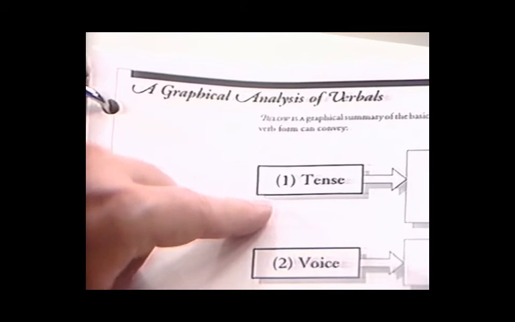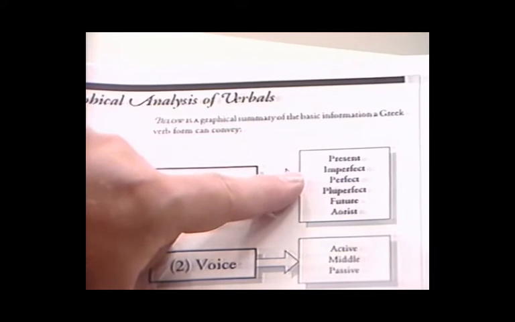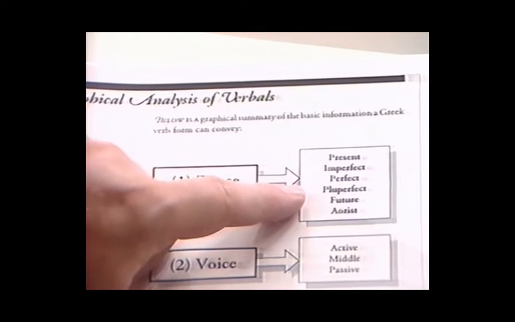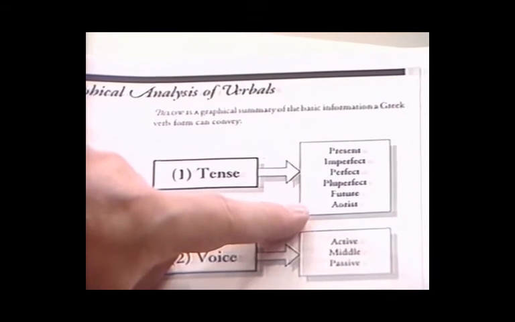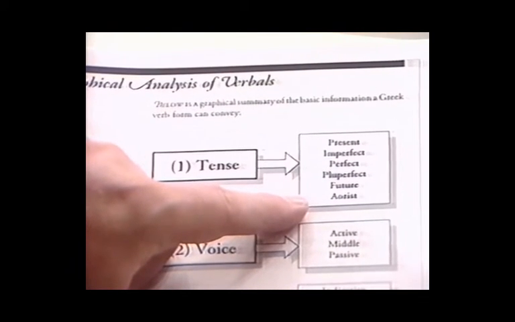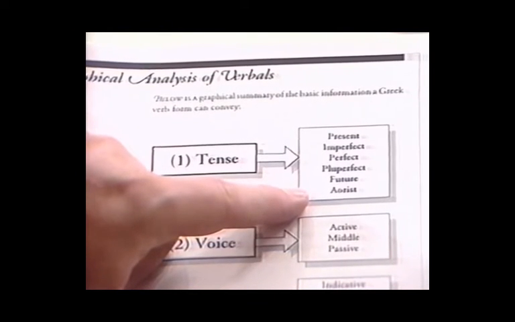Notice that there are 6 tenses: the present, imperfect, perfect, pluperfect, future, and the aorist. All of those tenses we have heard before in English, except for the last one, the aorist.